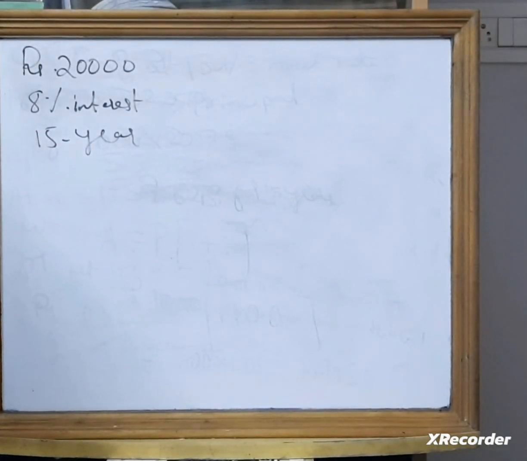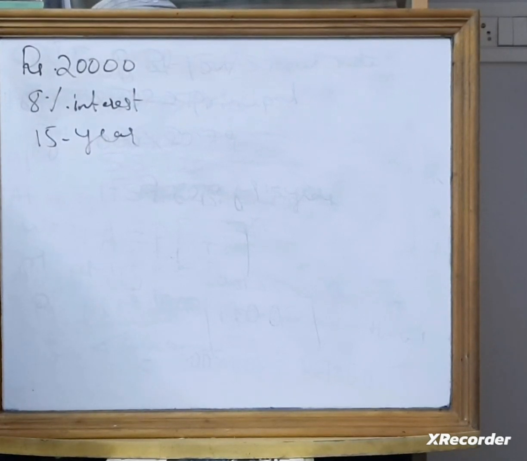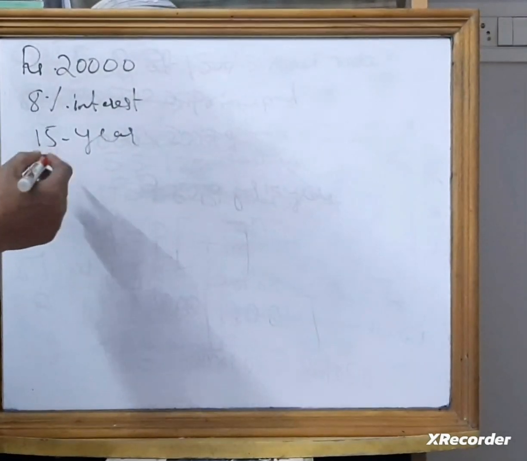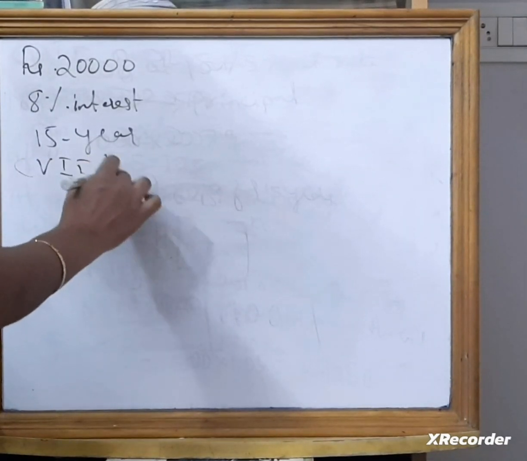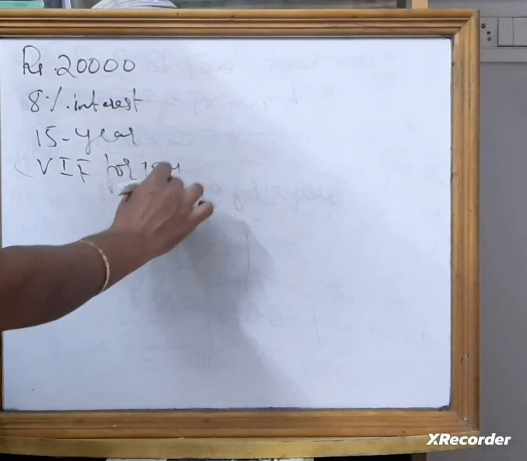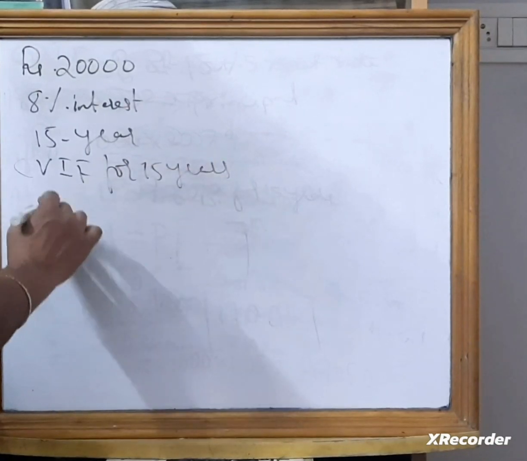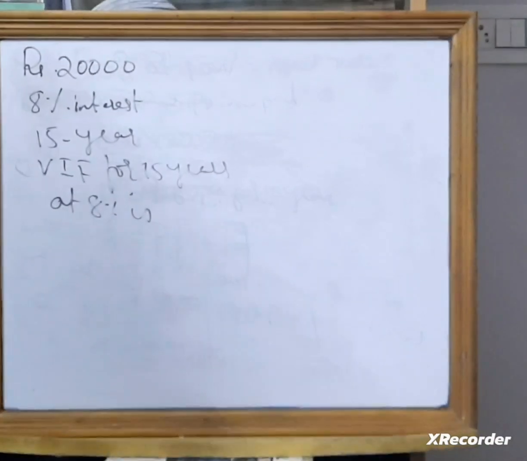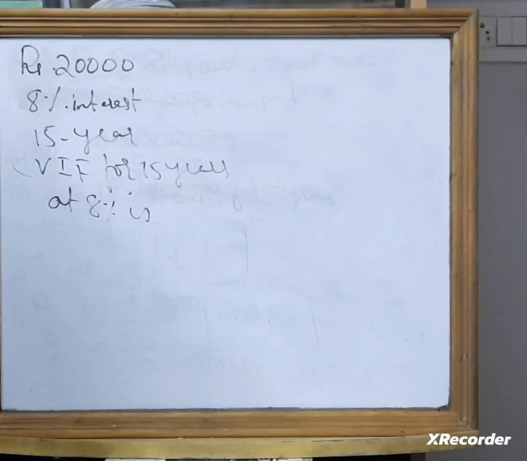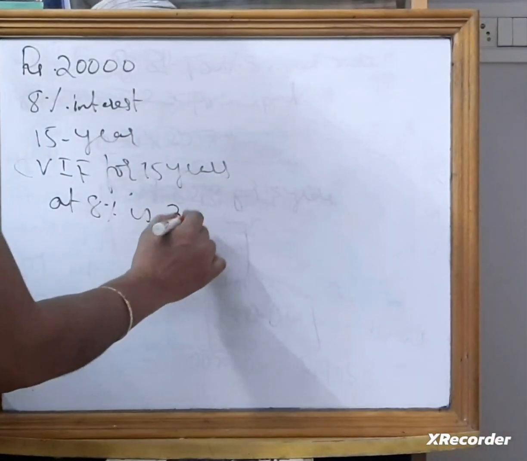And from the table, the value of rupee compound value interest factor for 15 years at 8% is 3.172.